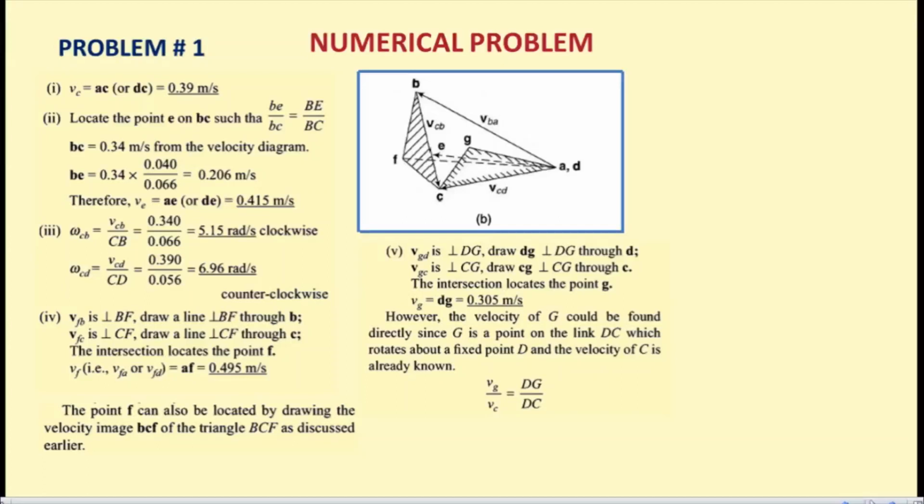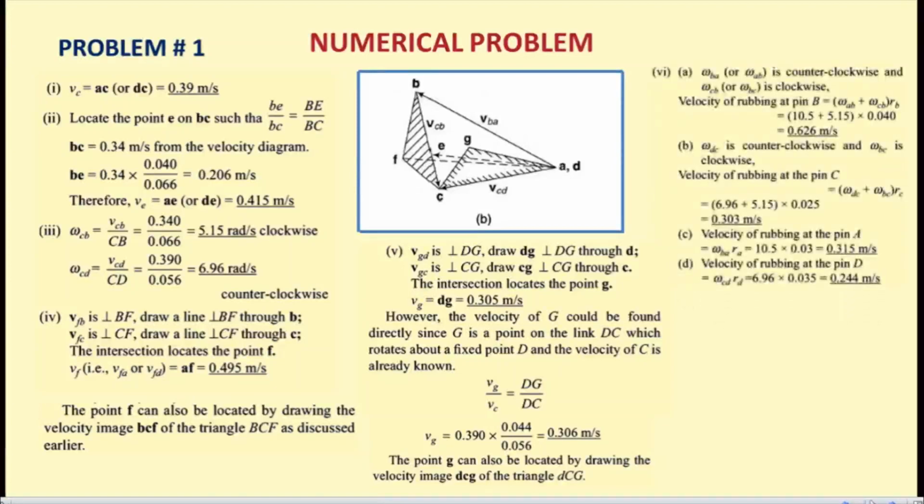And for G, to find the location of G, we can find the velocity of G equal to 0.305 meter per second using a suitable scale. So from VG by VC equal to DG by DC, the actual value of VG can be measured or found out.